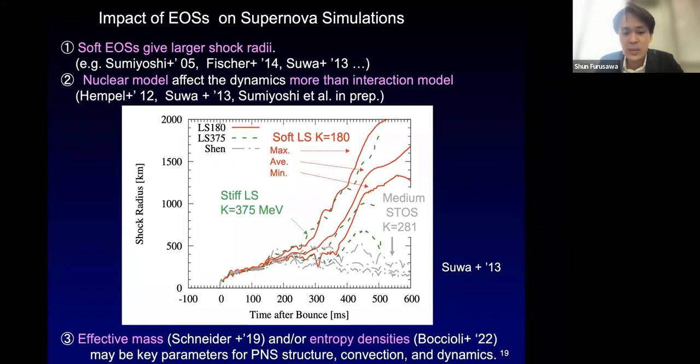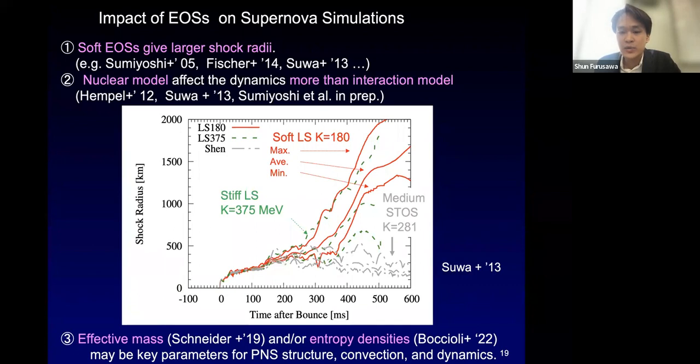And recently some groups show what the key parameters are in supernova simulation. Basically, these effective mass and entropy density are related to nuclear interaction model. They changed some nuclear interactions and they show some key parameters for supernova simulation. So effective mass and entropy density may be key parameters.